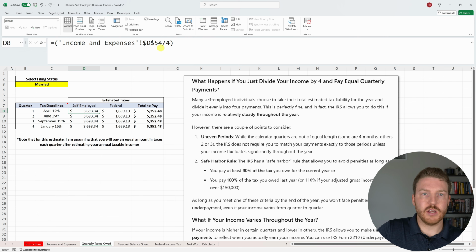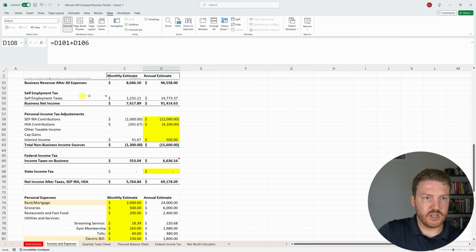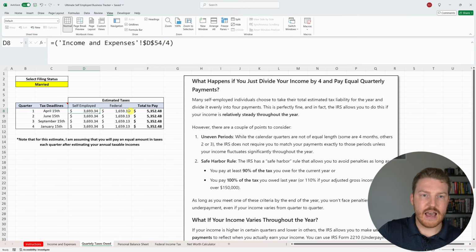So the way I'm doing it is I'm going by income and expenses D54, which is right over here, which is our self-employment taxes annually. And then I'm going to divide that value by 4. So this is our total. If we sum all these up, this 14,773 is how much we need to pay in self-employment tax total. We divide it into 4 categories and pay each quarterly.